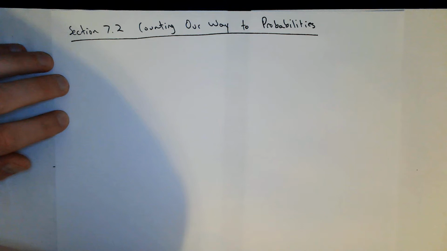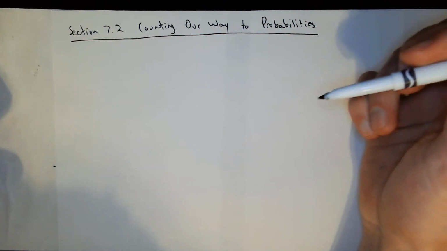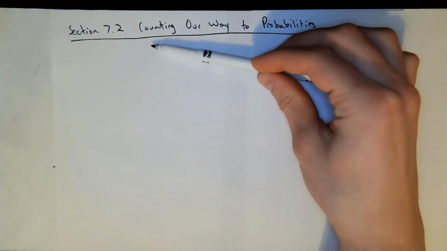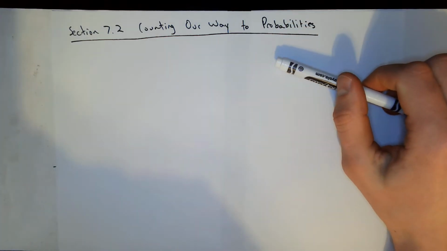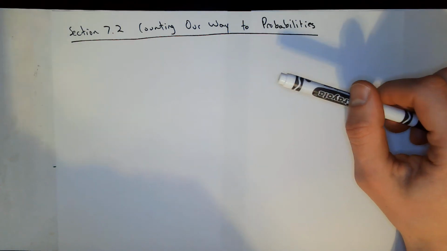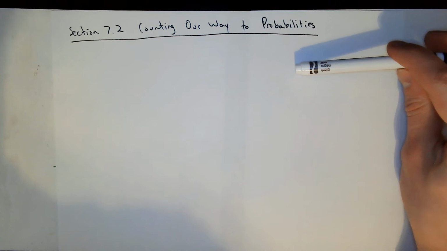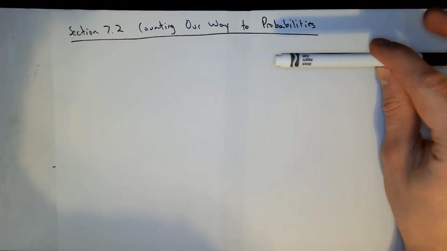Well, classical probability is a fraction built out of the number of ways an event can occur divided by the number of items in the sample space, the total outcomes of an experiment. So we need to be able to know how to count larger sample spaces.